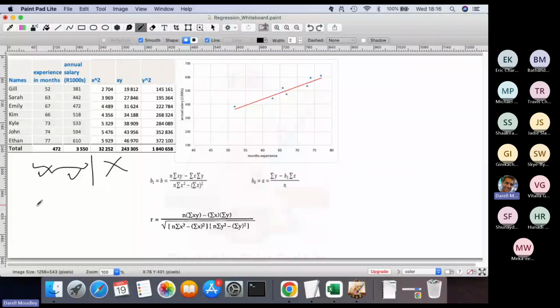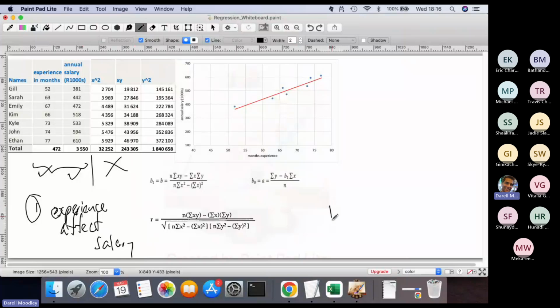Which way makes sense to you? Option 1: does experience affect salary? And option 2 is the opposite way. I'm not going to write it, but you just need to know that.